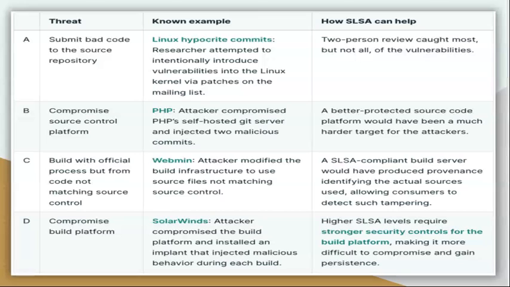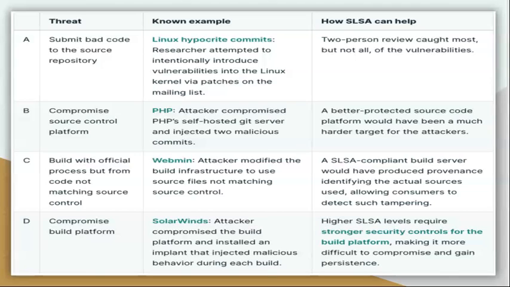In the case of Webmin, attackers were able to modify the build infrastructure in such a way that the source code was not downloaded from the source control repository, but from somewhere else.